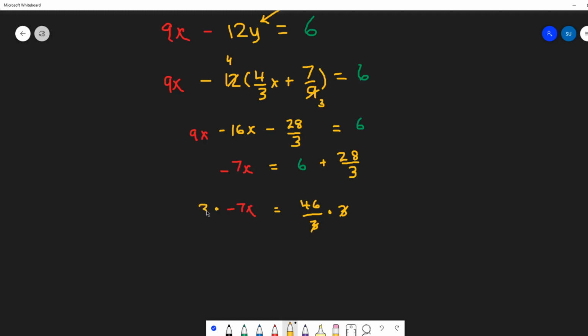And then we're gonna get negative 21x. Actually, negative 21x equals 46. And now we can divide by negative 21 on both sides.